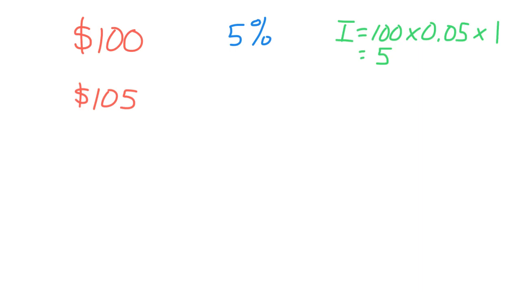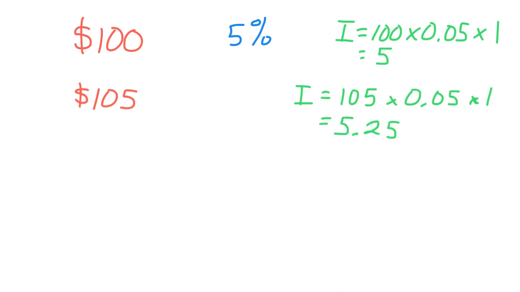So now if he still doesn't pay that money back for another year, he's going to earn interest on the $105. So now over the next year, he's going to owe $5.25 in interest. And that brings his total to $110.25.